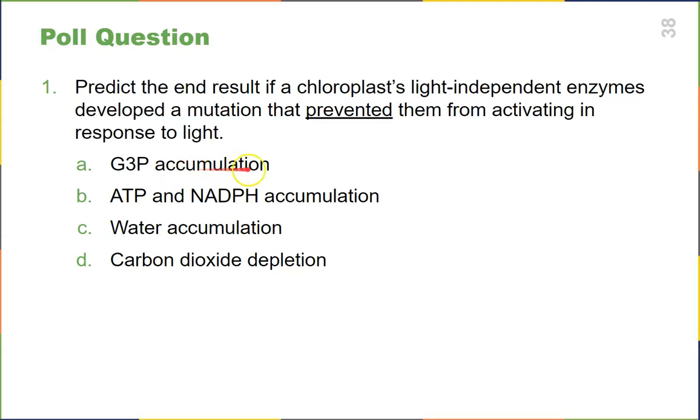So that's the overall goal. If something happens to Rubisco, and maybe we're doing photorespiration, we're going to have ATP and NADPH accumulation, so those won't be utilized in the Calvin cycle. Carbon dioxide depletion will happen if our plant is not getting new carbon dioxide.